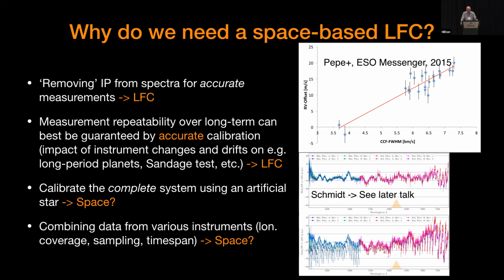And what you see on this plot is the offset measured as a function of basically v sin i, or the full width at half maximum of the cross-correlation function. The wider the cross-correlation function, the more important the offset. And we are talking here about 15 meters per second, which is really well beyond what we want to reach with a spectrograph like HARPS, where we aim at 1 meter per second.